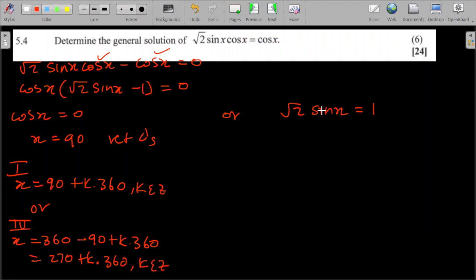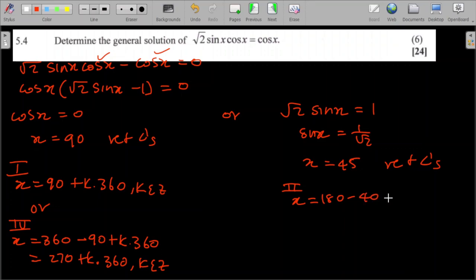Now coming to this one here, this is going to be sine x is equal to 1 all over root 2. So x is equal to, as a reference angle, second function sine of 1 all over root 2, which is going to give us 45. And also remember, this is our reference angle. Now sine is positive in which quadrant? First thing, sine is positive on the second quadrant. So in the second quadrant, we find 180 minus our reference angle, which is 45, plus k times 360.